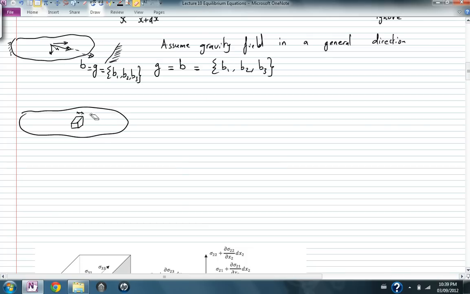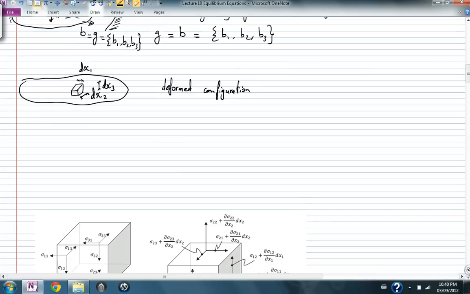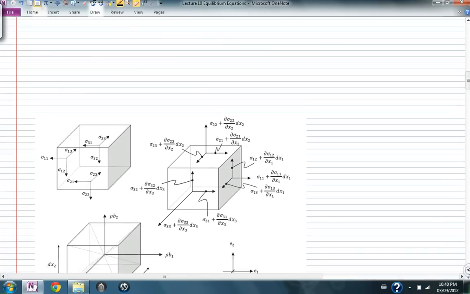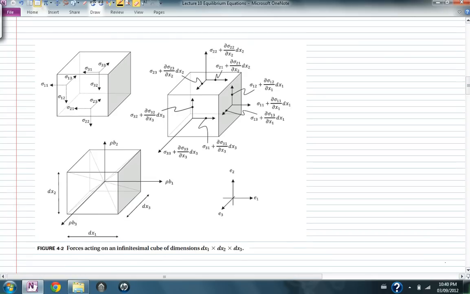Inside this continuum object, I'm going to extract a small cube from the deformed configuration, with the dimensions dx1, dx2, dx3, and I'm going to look at that box.